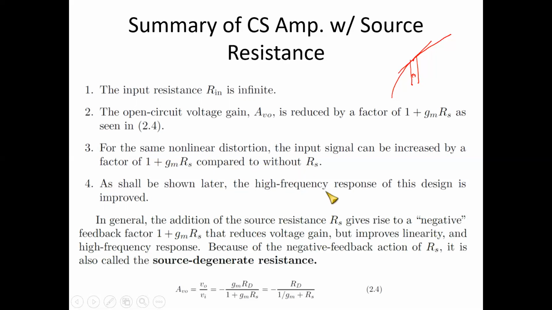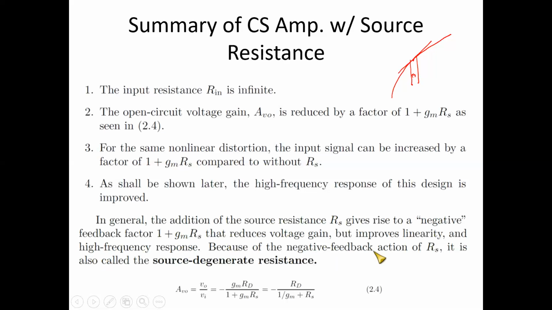We also see that the high frequency response of the common source amplifier with source resistance will be better, and this we'll see later. In general, the addition of the source resistance Rs gives rise to a negative feedback factor, and this 1 plus GMRS can be considered as a negative feedback factor that reduces the voltage gain but improves the linearity, and as well it improves the high frequency response.